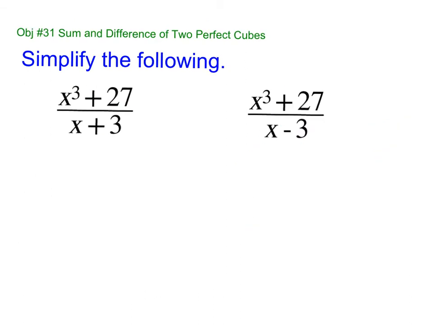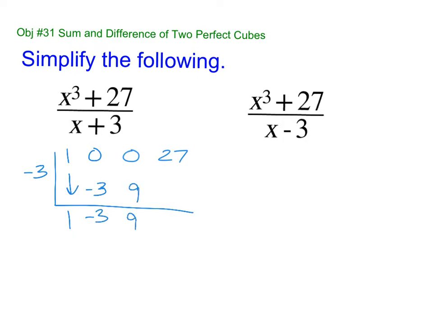So now we're going to do the same thing, but with x cubed plus 27. Let's see which one works. So minus 3 on the outside, x cubed, x squared, x, and then 27. So minus 3, positive 9, negative 27. So this one worked, right? Divided nicely. X squared minus 3x plus 9.